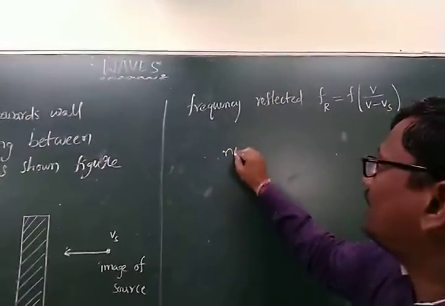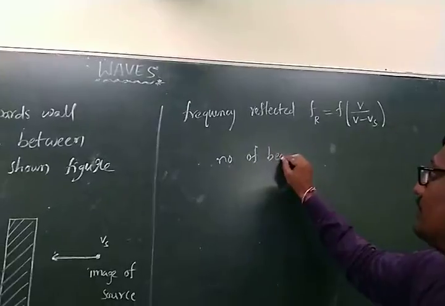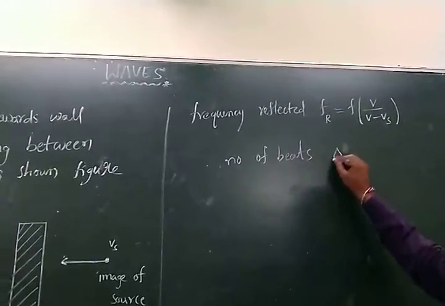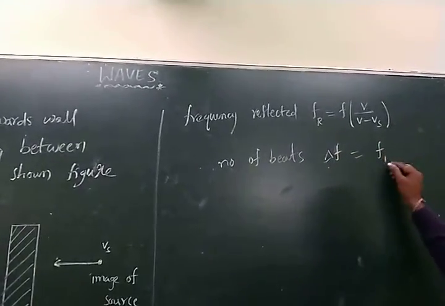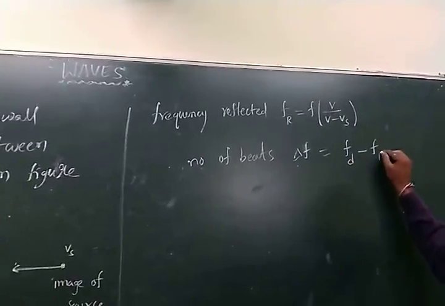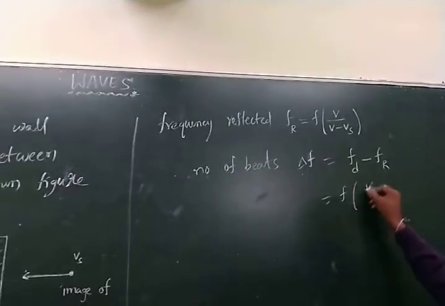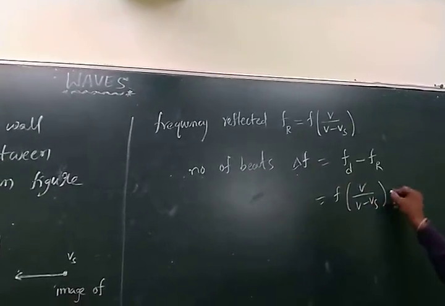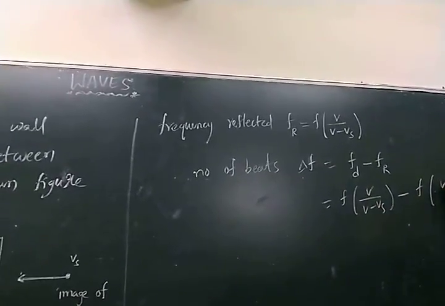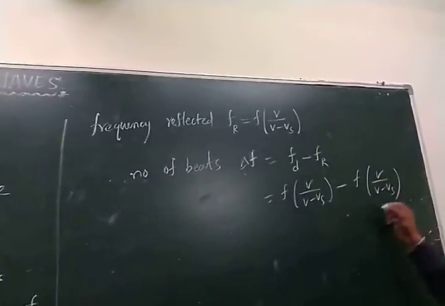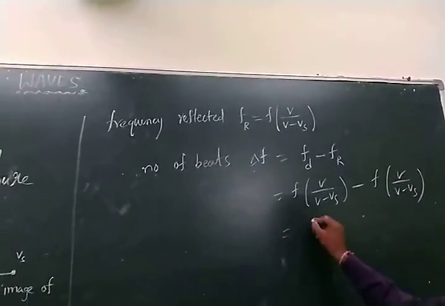Therefore the number of beats, delta F, is equal to F direct minus F reflected, that is F into V by V minus Vs minus F into V by V minus Vs, which is equal to 0.